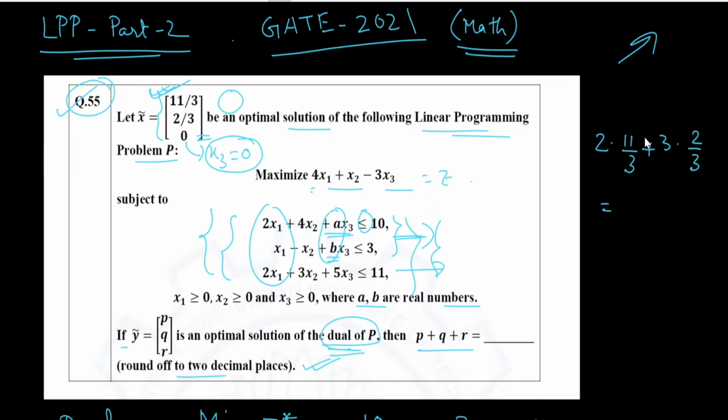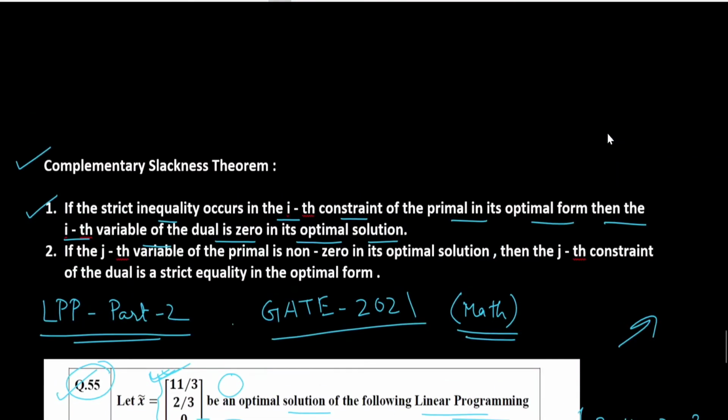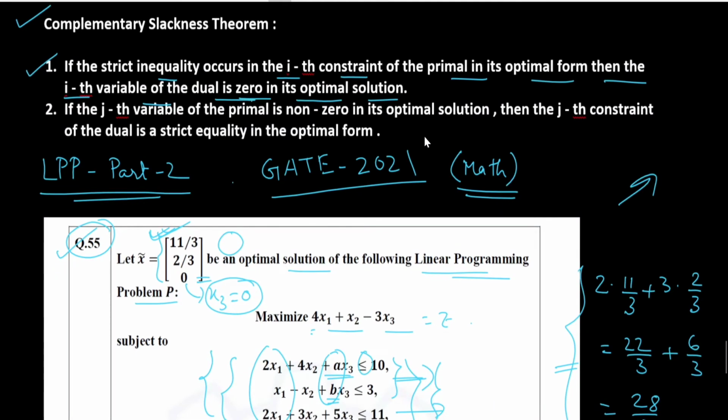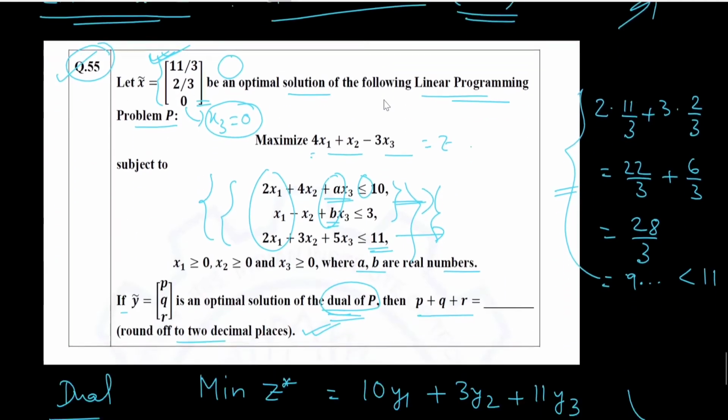So this is equal to 22/3 plus 6/3, which is equal to 28/3, which is 9 point something, and which is strictly less than 11. So the third constraint satisfies the strict inequality. Therefore from this theorem, the third variable of the dual is 0 in its optimal solution.